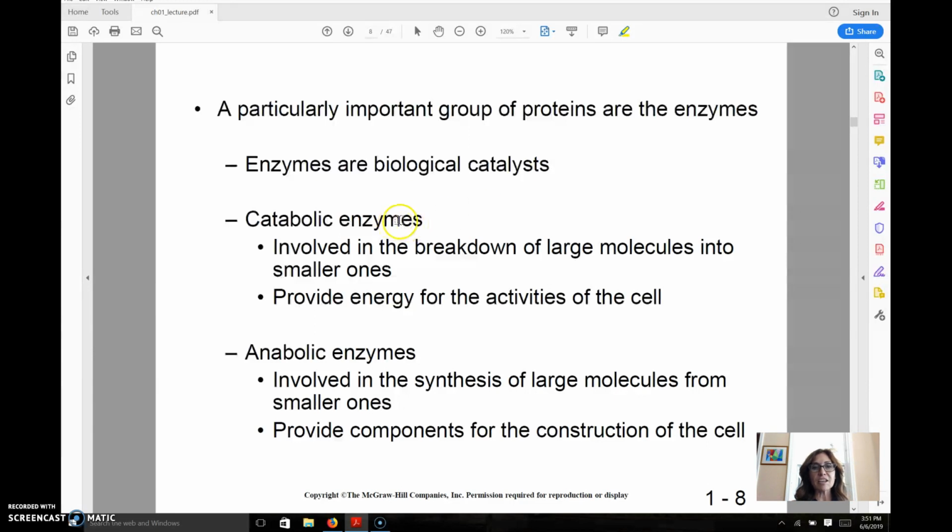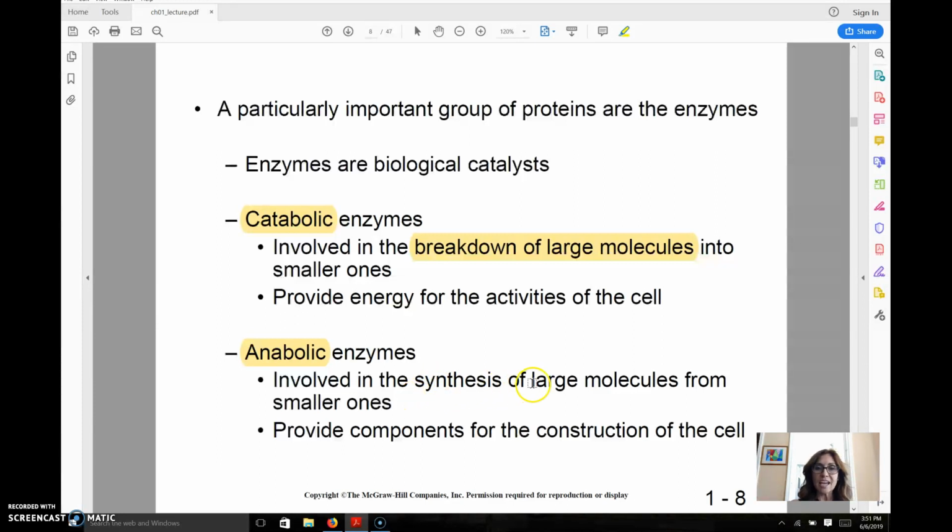So we're going to be thinking of catabolic enzymes, which break down large molecules. That would be digestion. When we break down molecules in digestion, that gives cells energy to do things, and we can talk about energy metabolism later. Anabolic enzymes build things. Think of anabolic steroids, frankly, that make you bigger muscles.